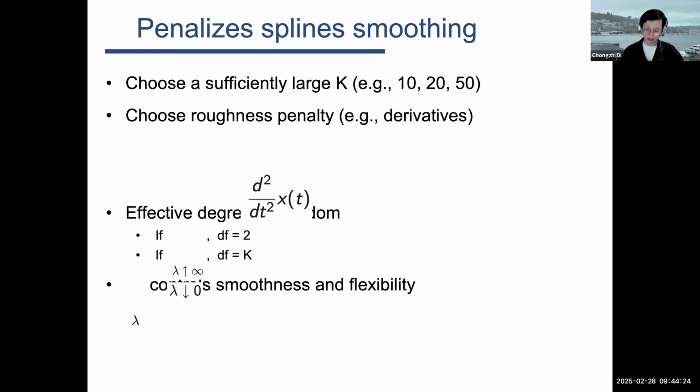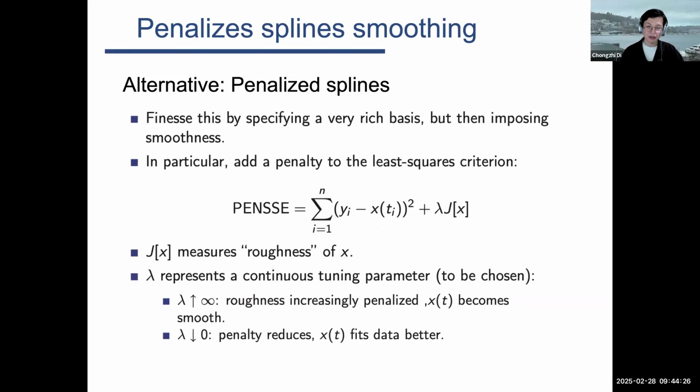So we would add a penalty term. The penalty term, roughly speaking, would mean the roughness of your curve. So thinking about it, the more wiggly it is, the larger the penalty is. And the lambda is a parameter, what we typically call the smoothing parameter.